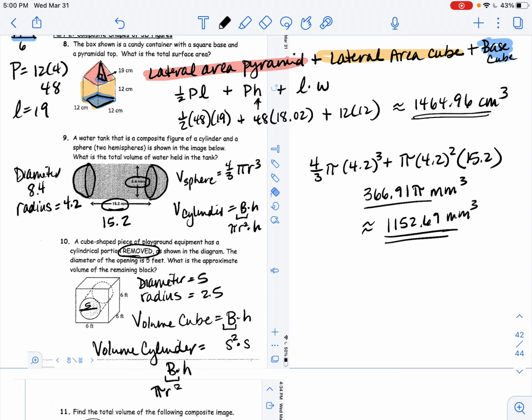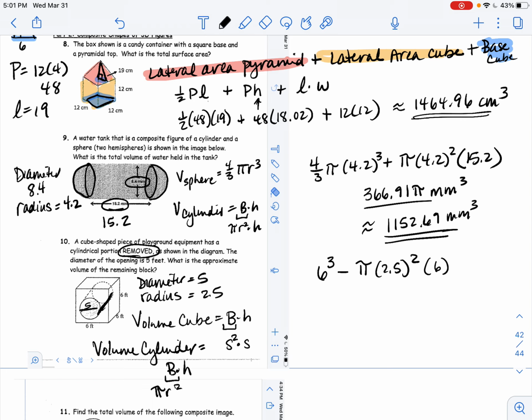Okay, so now let's go ahead and find the volume of the cube. So the volume of the cube is going to be 6 cubed, and we're going to subtract off the volume of the cylinder, which is pi times the radius squared, times the height. I almost forgot the height part, and that is 6. That is the length of the cylinder.